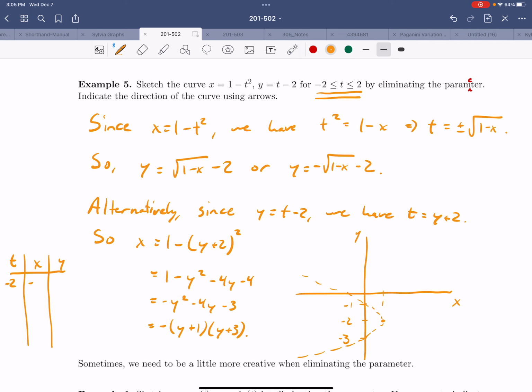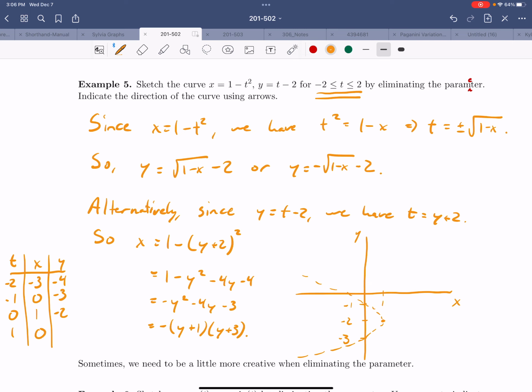It looks like it's going to equal negative 3. y, if that matters, which it does, equals negative 4. When t equals negative 1, we're getting 0 for x and negative 3 for y. When t equals 0, we have 1 here, negative 2. For t equals 1, we again get 0.